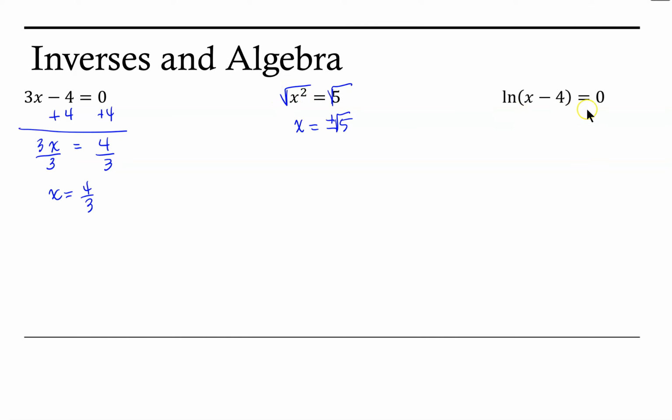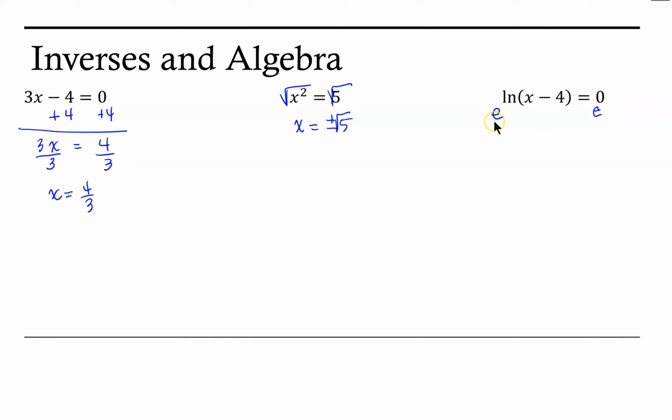Over here on the right, we have the natural log of x minus 4 equals 0. And to solve this equation, we could use inverse functions. The inverse of the natural log function is the exponential function base e. So we could exponentiate both sides of this equation.